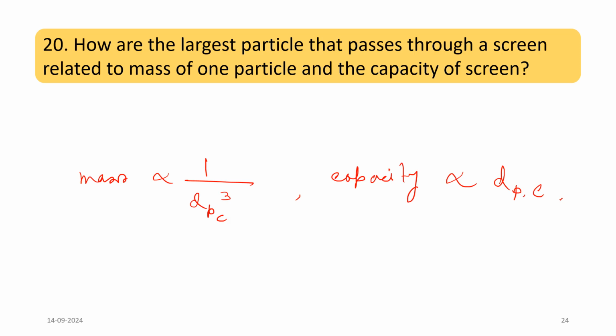Mass means volume into density. So volume is cube of the diameter, right? So it is dpc cube. Yes.